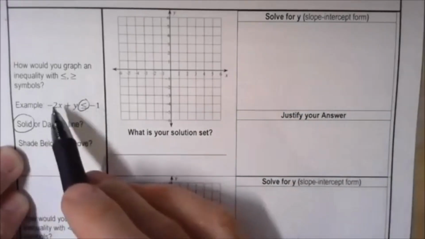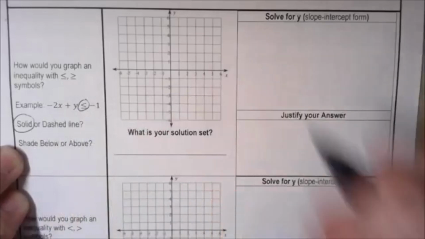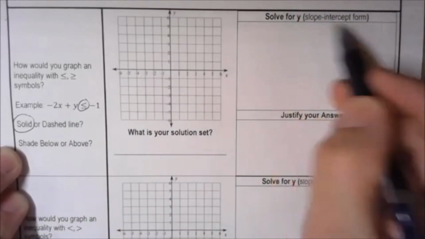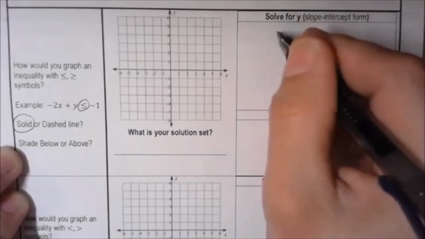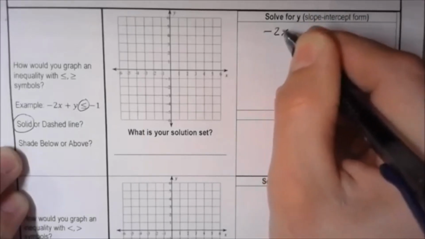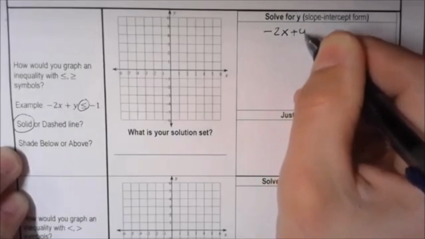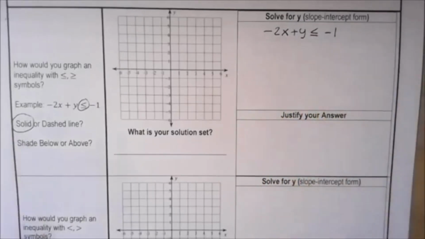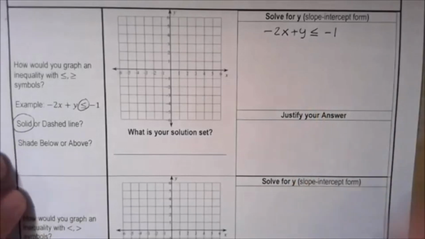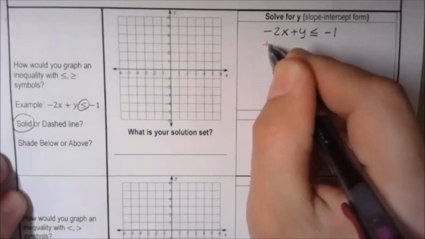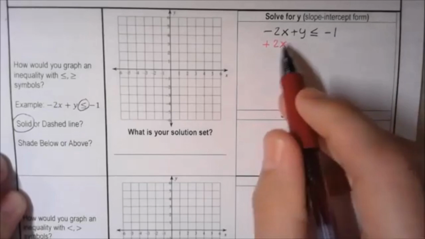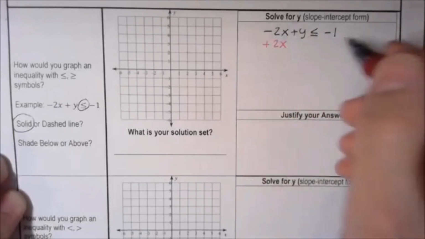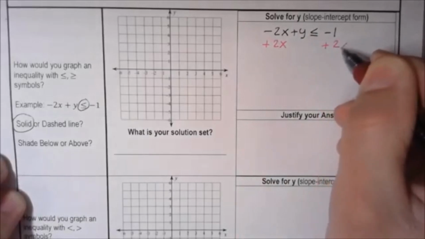Now, let's rewrite this equation over here, because we need to solve for y, which means we're setting it to slope-intercept form so that it's easy to graph. So I have negative 2x plus y is greater than or equal to negative 1. What I want to do is get y all by itself. So first I want to move this whole term over. I'm going to add, not divide, because I want to move the entire term over to the other side of the equation.